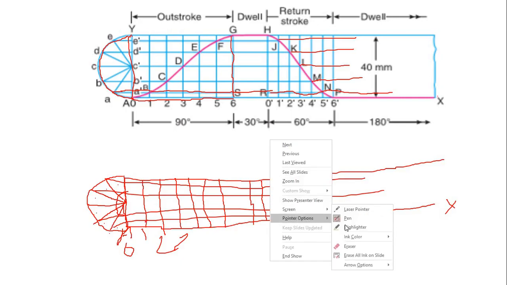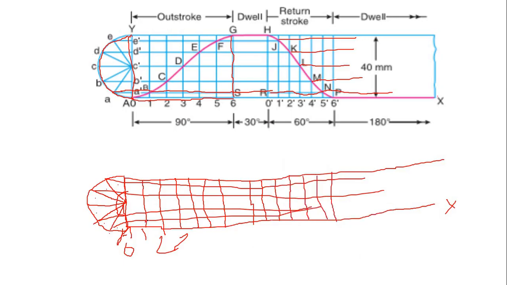Suppose we change the color. Yes friend, you can see here there is one point. This is the second point which cuts at this point, and this third line cuts at this point, and the fourth line cuts here, the fifth line cuts here, and the sixth is already here.